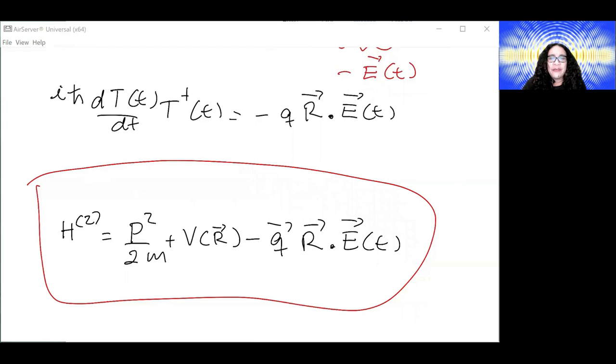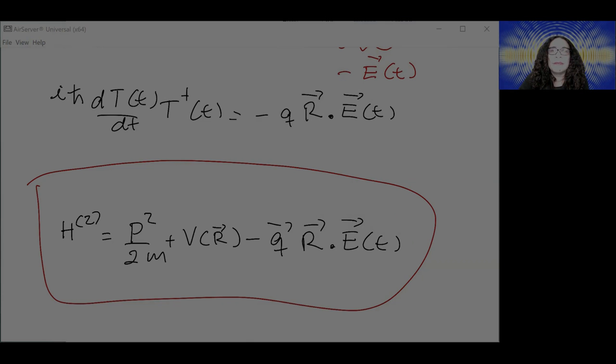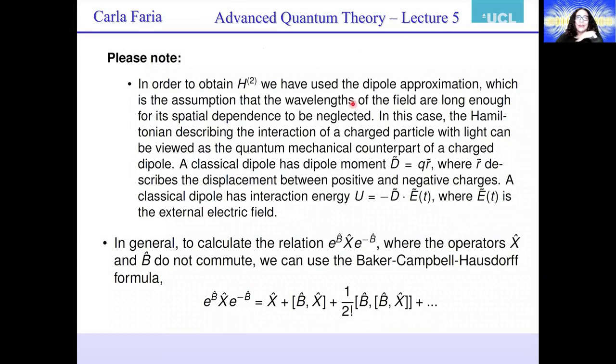Now we need to do a few observations here. The first thing I would like to call your attention to is that in order to obtain H2, we have used, when we said let's neglect the spatial dependence of the vector potential, what we call the dipole approximation, because this is an assumption that states that if the wavelengths of the field are long enough, you can neglect spatial dependence.